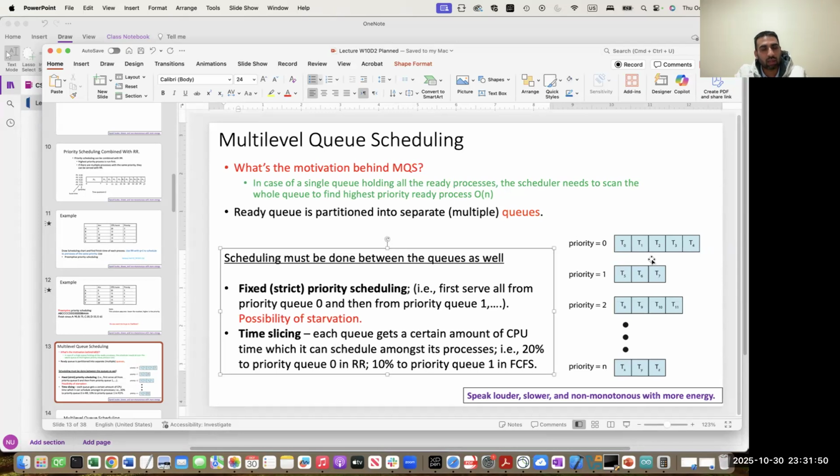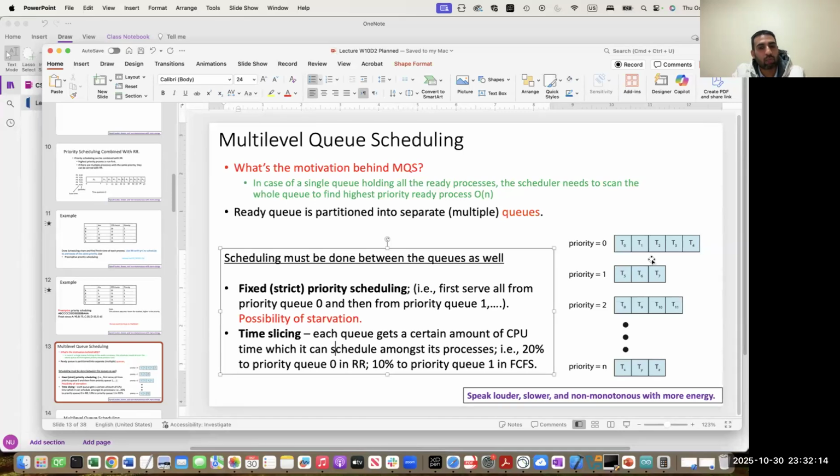But even within that 20% time assigned to the processes of priority level 0, how do we make the decision among the processes of the same priority? It is up to us. We can say we will use round robin among them if we are interested in reducing the response time.